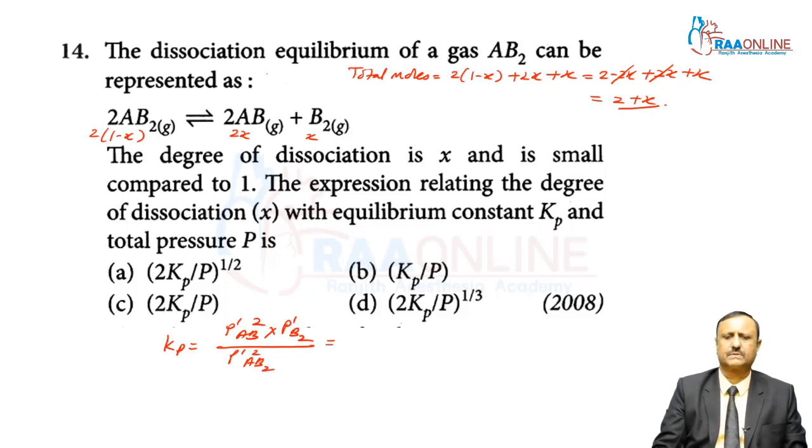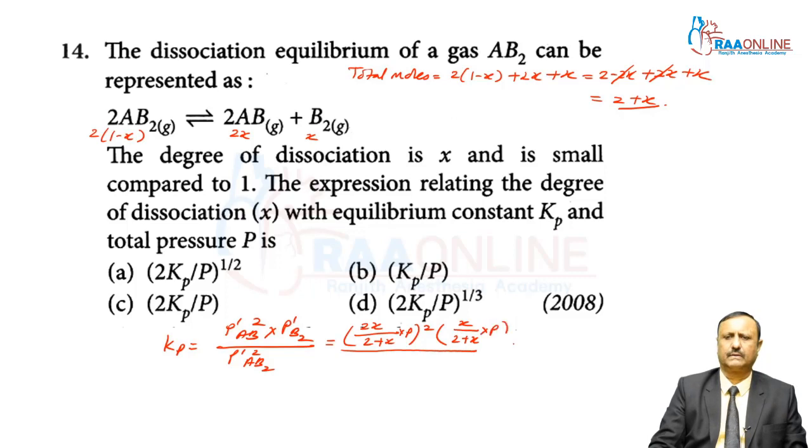Here, my dear students, partial pressure is the number of moles dissociated. Here you can see AB to the power 2 means 2x upon 2 plus x into P, whole squared, into x upon 2 plus x into P for B2.